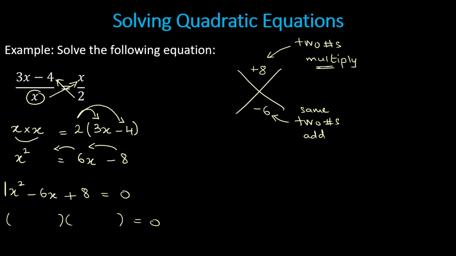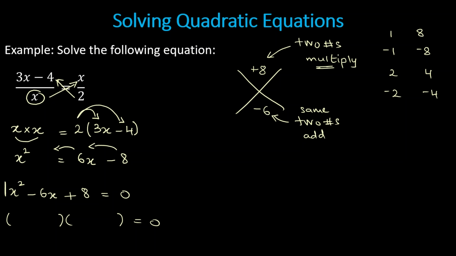What 2 numbers, when we multiply, give positive 8? We have 1 times 8, or negative 1 times negative 8, or 2 times 4, or negative 2 times negative 4, or 4 times 2. It's already here. 8 times 1, and so on.